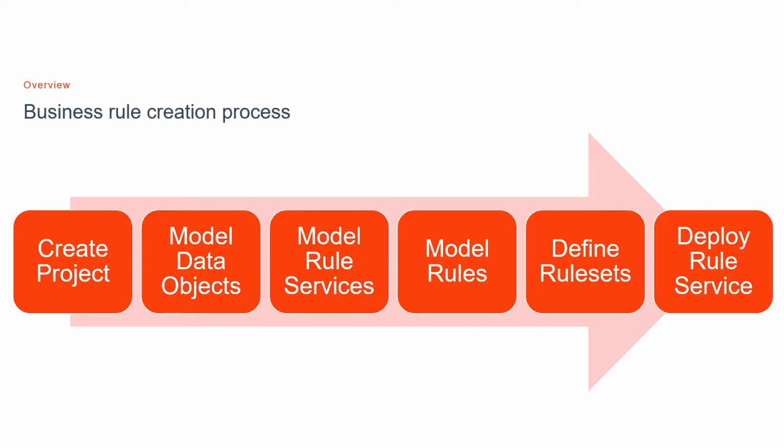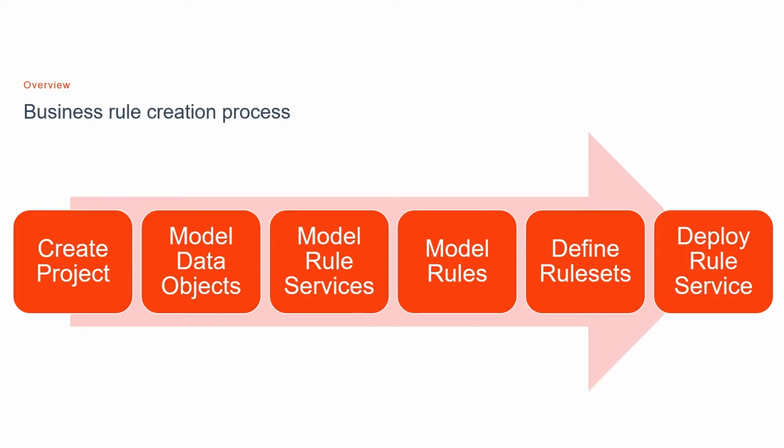Let's take a look into the business rule creation process. In order to create your business rules, you need to first create a project. As I said, the project is basically the container for all the other entities. Afterwards, you'll model your data objects. The data objects are used to describe the data structures that are utilized in your rules. Then you model the rule services.